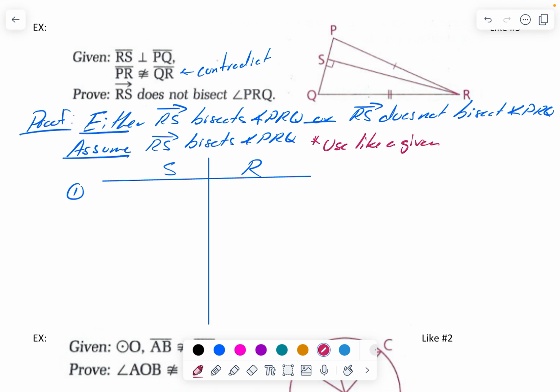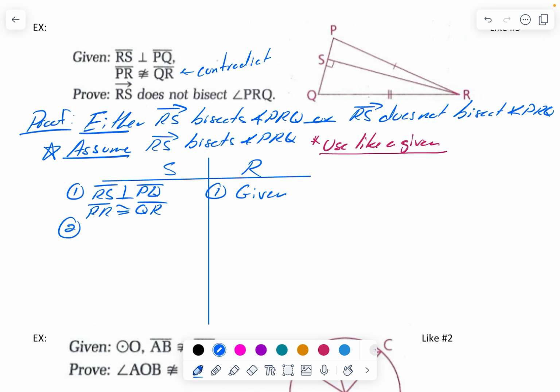So just pretend it's in the 2 columns. So here, our givens are RS perpendicular to PQ, PR not congruent to QR. Given. This is also given, okay? That's also our given.